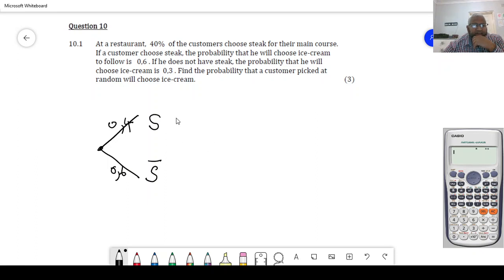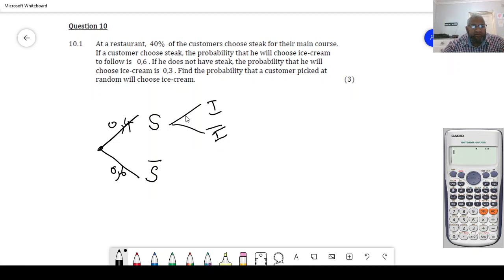And then we are told that if the customer chooses steak, so it's this branch, the probability that he will choose ice cream as a dessert is 0,6. So you have ice cream and not ice cream.